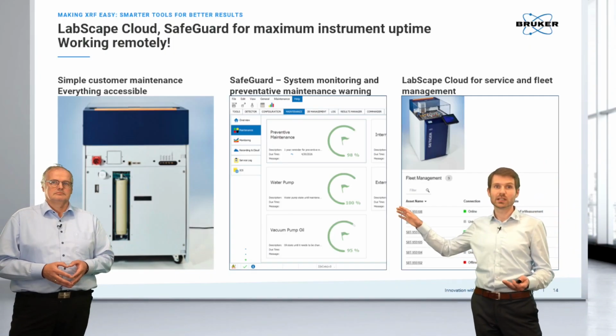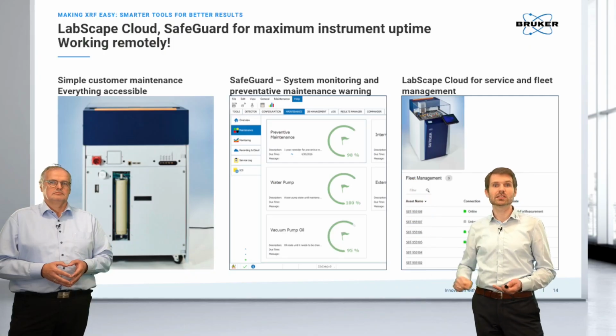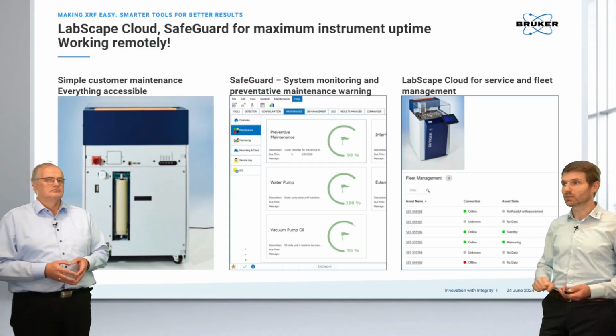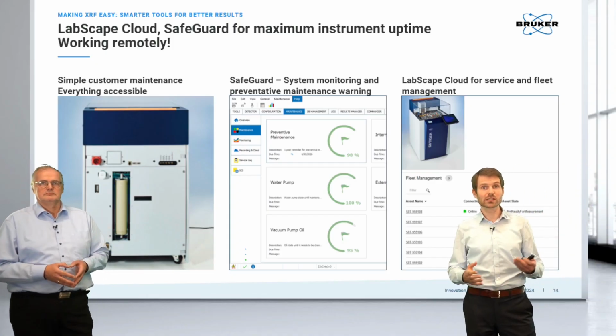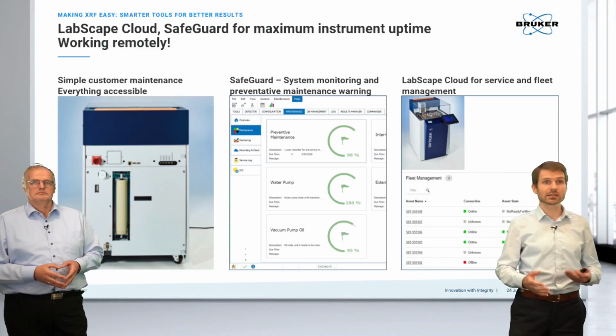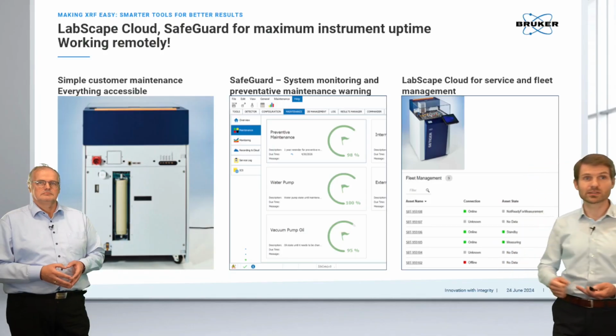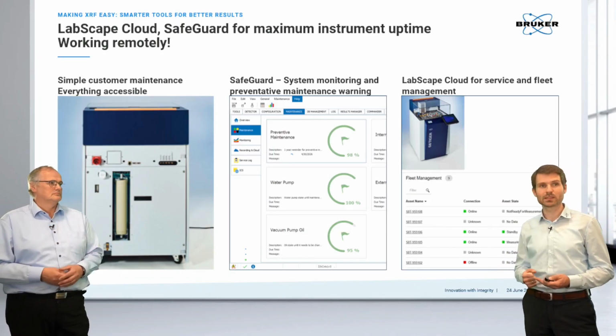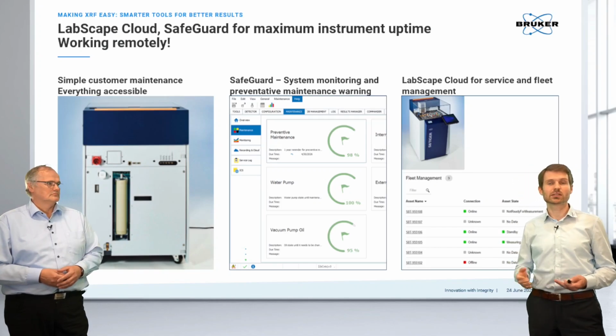You can see it here, checks what are the maintenance intervals, for example. If everything is green, you're in good shape. We also added certain functionalities which allow you to do some things yourself, like you can see on Kai's side here, for example, replacing the resin cartridge there on the back side yourself.